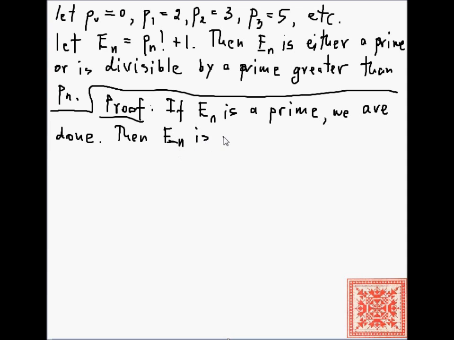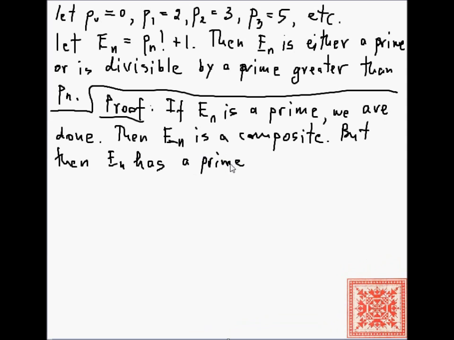If it's not a prime, then En is a composite. And then it has a prime divisor greater than Pn, because it's a natural number.